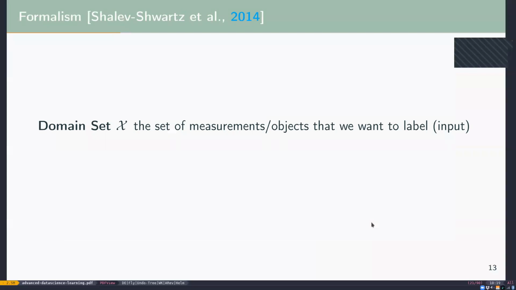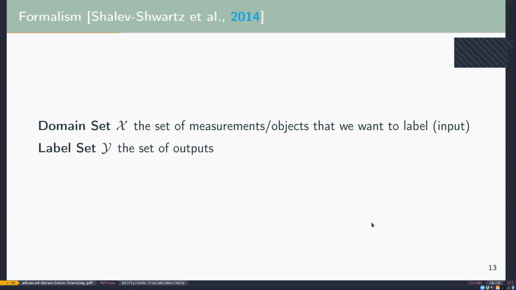So how can we think formally about what machine learning actually does? Let's start by saying that we have a domain set. I have a set of measurements and objects that I want to provide some label to. We can think about classification or regression in this case. So X is my input.